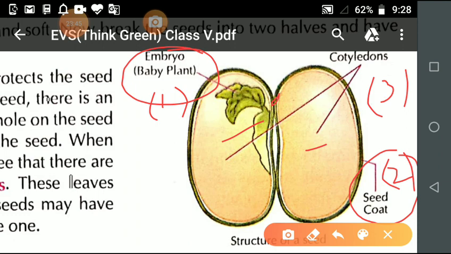The seed also has a scar called the hilum. The seed remains attached to the fruit at the hilum. So when you cut the fruit, you will observe the seed is attached by some part, and that is here. That is known as hilum.